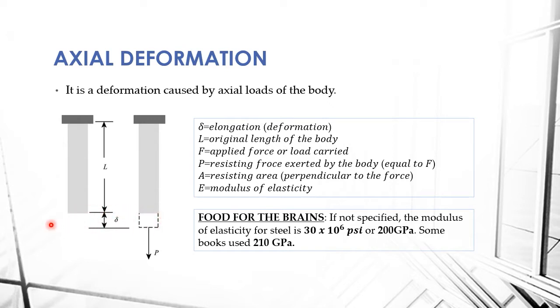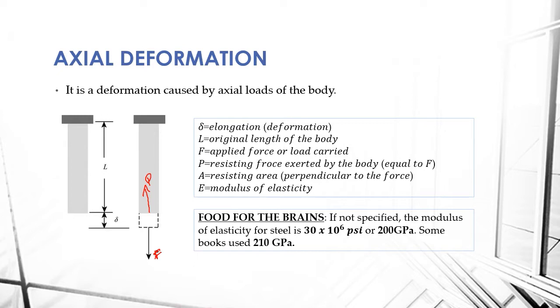So makita ninyo ang elongation, then L is the original length of the body, F is the applied force or load carried, P is the resisting force exerted by the body equal to F. So, parehas na sila sa force. Summation raman na siya sa forces nga nag-act sa iyaha.